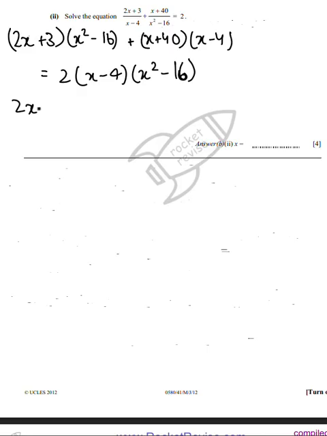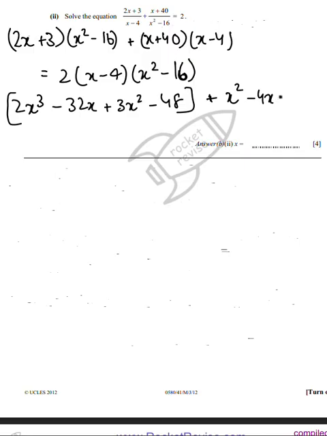Expand this. 2x cube minus 32x plus 3x squared minus 48 plus x squared minus 4x plus 40x minus 160.